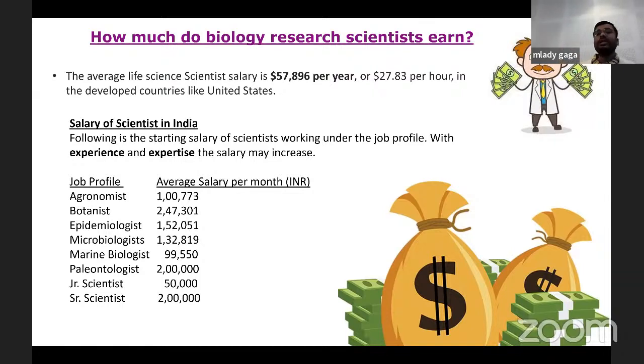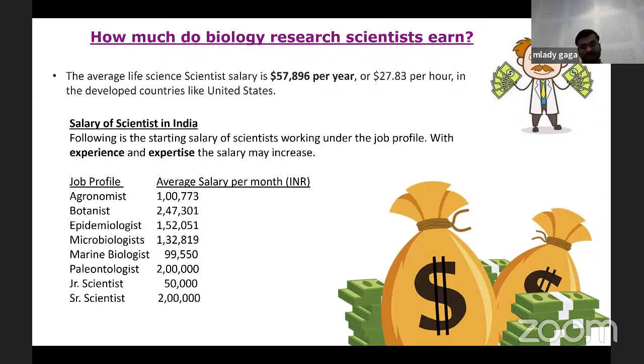So in abroad, in developed nations, the salary for biological science researchers is about 3,000. Yes, it's about 3,000 rupees per hour. While in India, the salary depends on different jobs, like if you are a junior scientist or an assistant professor and so on.